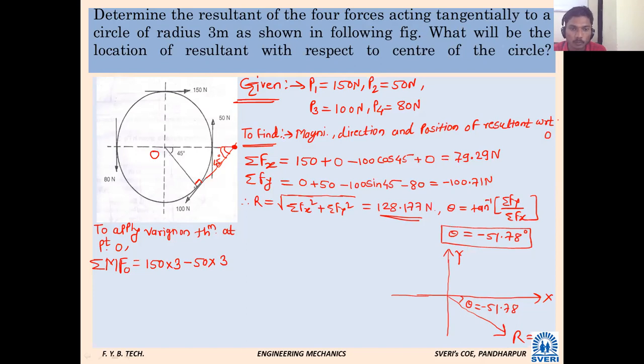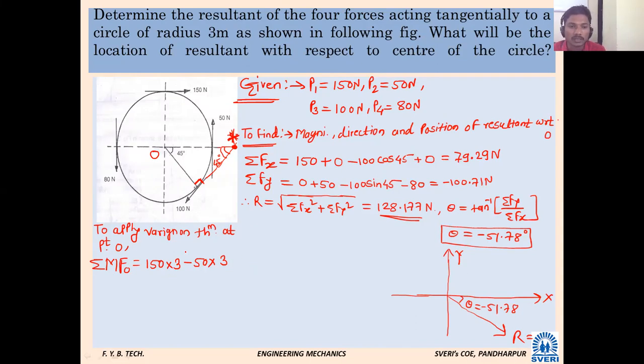My answer is no, because if you resolve the force at this point, then the minimum distance between the line of action of the force and point O will not remain. The distance is minimum where there is a tangent. Here it is touching at a tangent. This is the trick in this problem: not necessary to resolve that force, directly you can take it, because the minimum distance is the radius. So directly we take it without resolution.